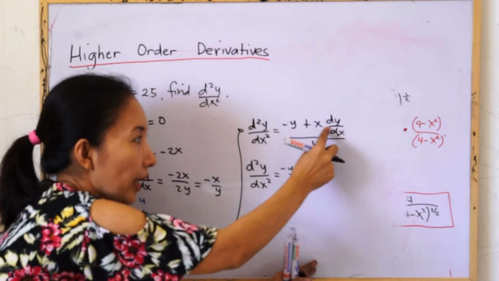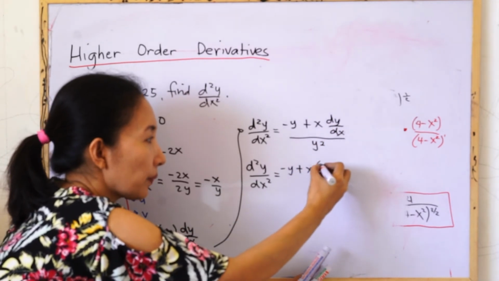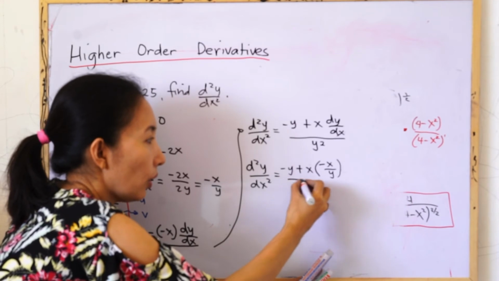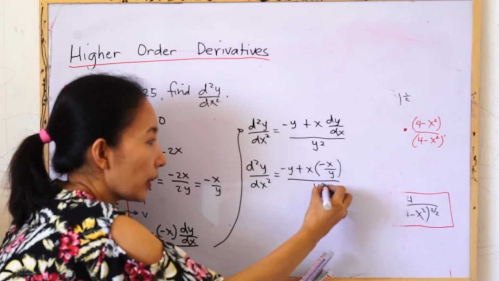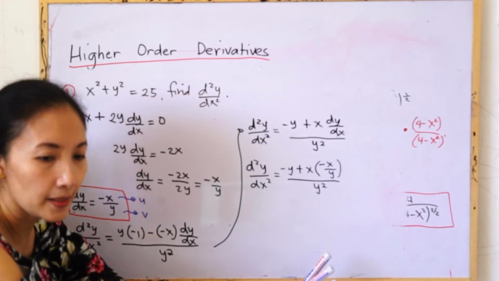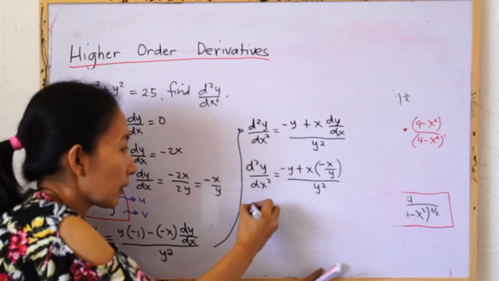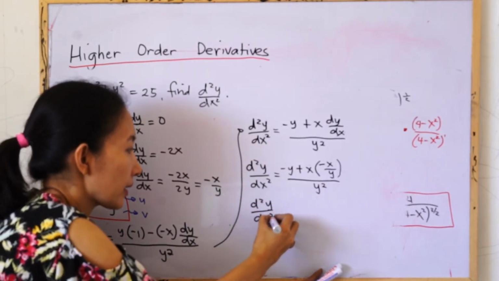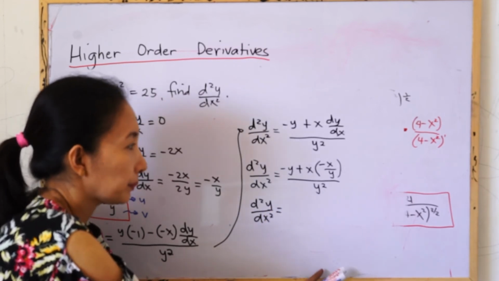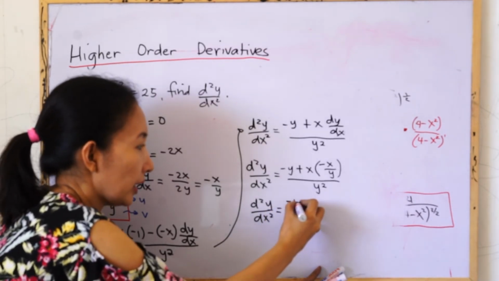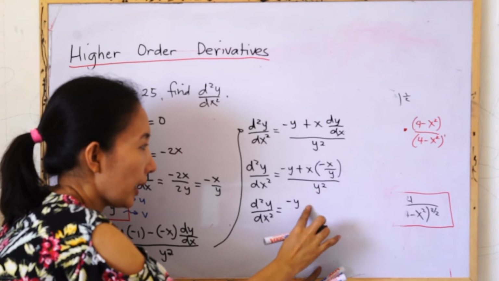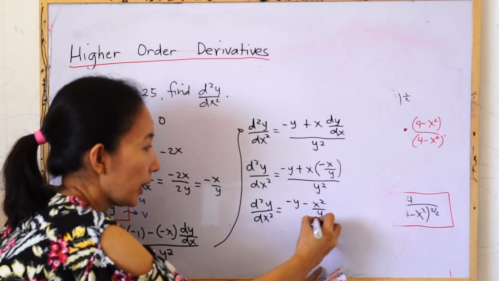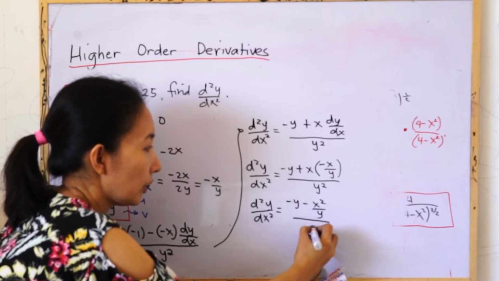So I will replace dy over dx with negative x over y, all over y squared. Let's simplify further. The second derivative of y with respect to x is now equal to negative y minus x squared over y, all over y squared.